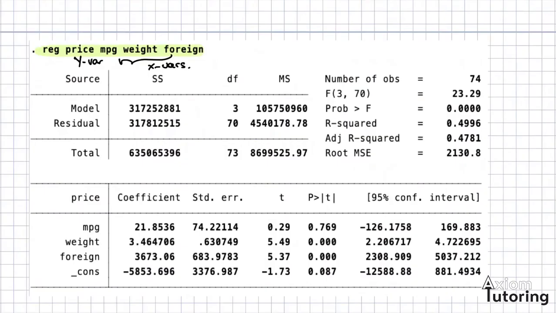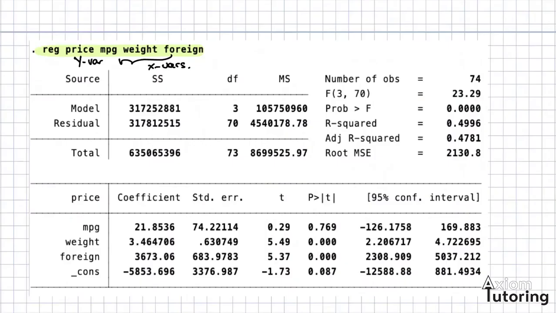So if we were to refer back to the previous video on the blocks of questions that we answer through a regression output, in terms of which relationships we are trying to estimate here, it's clear that we're trying to see the relationship between price and all of these other variables, which, since I have used the auto data set, are how different characteristics of a car affect the price of the car. So outcome variable price, and the rest are your x variables, or your regressors.